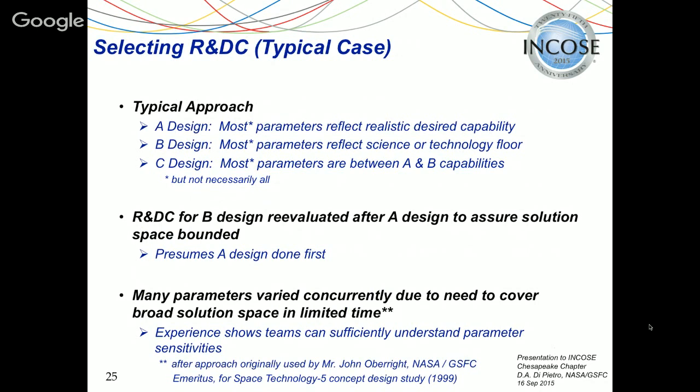Okay, so in this approach, in most cases, the parameters will reflect a high-end design for the A design, the science or technology floor for the B design, and somewhere in between for the C design. But it doesn't have to be that way all the time. Your B design, the Yugo, can contain a Cadillac grille, for example.